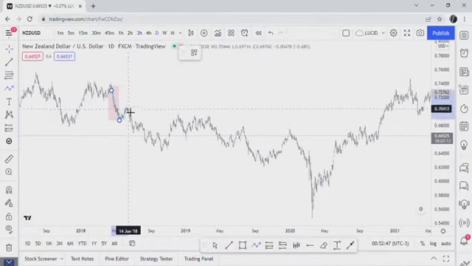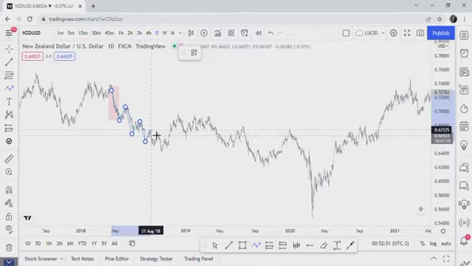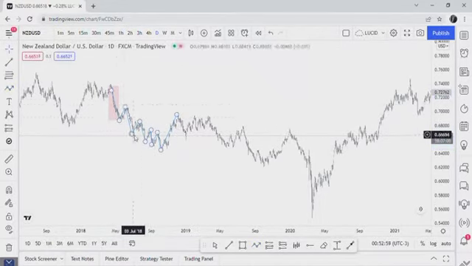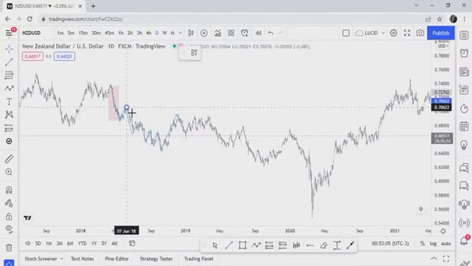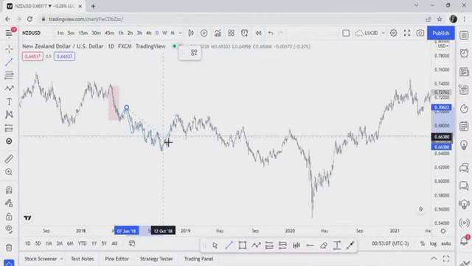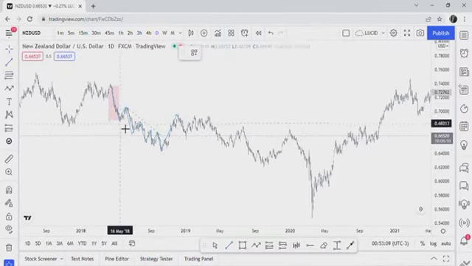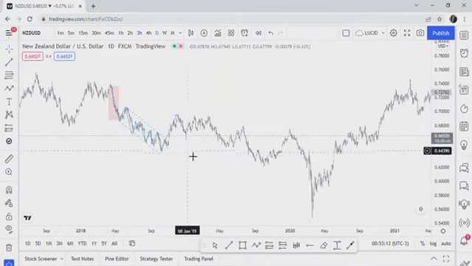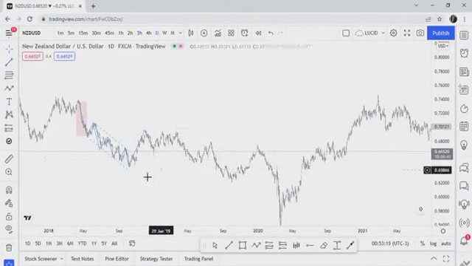Impulse, correction, then reversal. Remember what I said, correction to the downside signifies a potential reversal, right? It's not 100%, it's probability, potential reversal. There are possibilities that a reversal might occur.